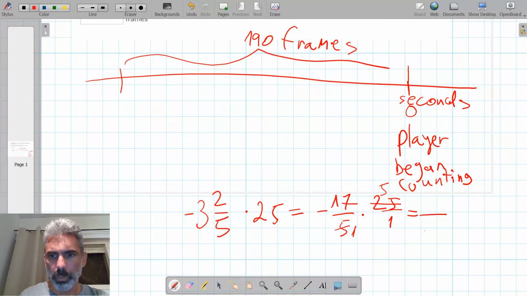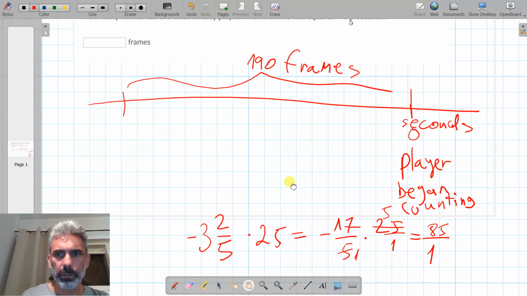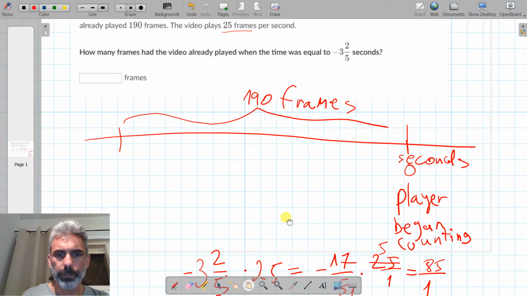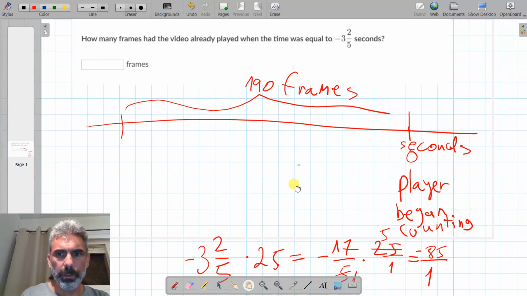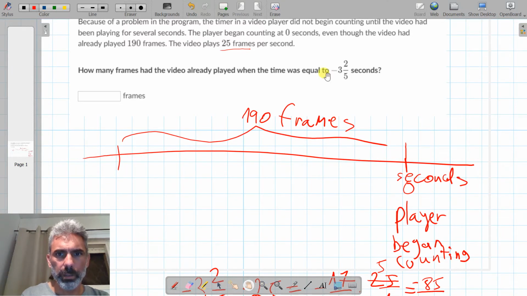So 1 times 1 is 1, 17 times 5 is 85. So 85 frames, this is negative, minus 85 over 1. So at this point, -3 and 2/5 seconds, we were at -85 frames.